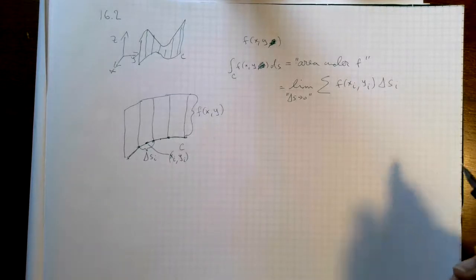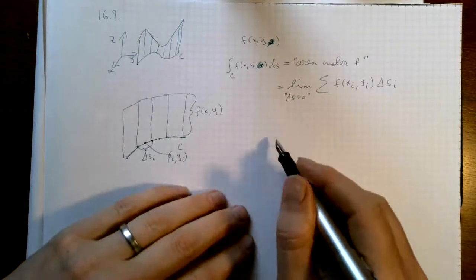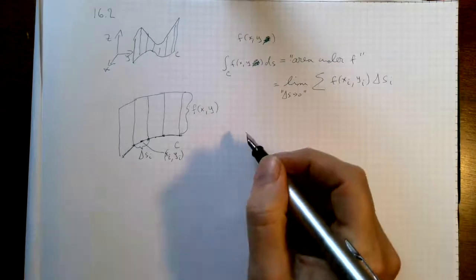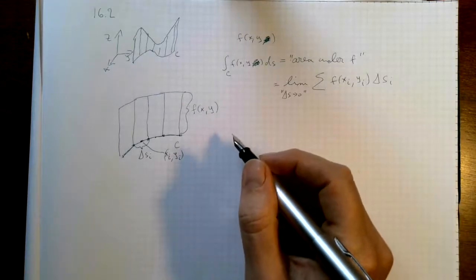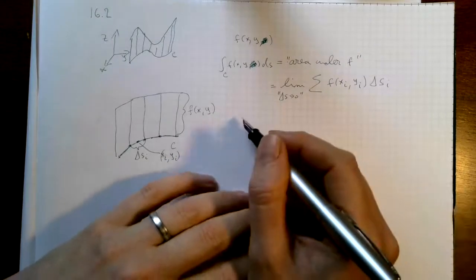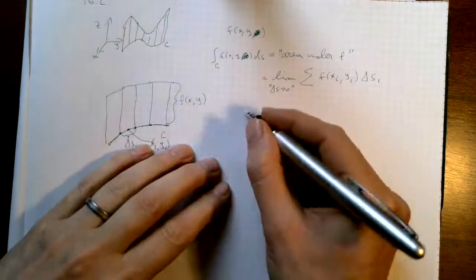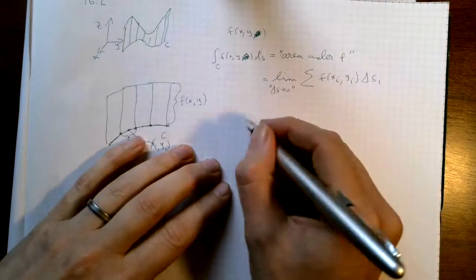That's sort of the point. It was easy to compute with calculus. All right. So how would we compute this with calculus? Well, we have a curve.